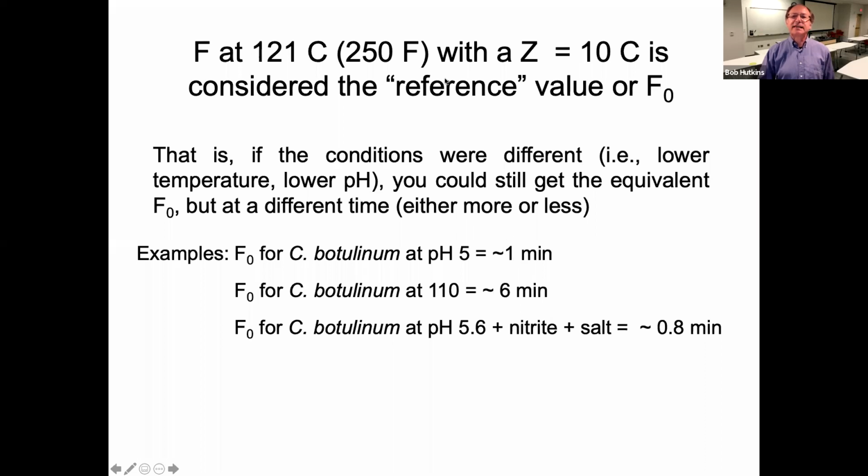So you can get the same effect, but it might take a different amount of time. In contrast, you can get to 12D. It's the same equivalency, might take longer. And if you put the pH low, put nitrite in there, so maybe that's canned, I don't know, canned ham, then you get the equivalent even quicker. So not 2.52 minutes, but 0.8 minutes. A third, it takes a third as much time.